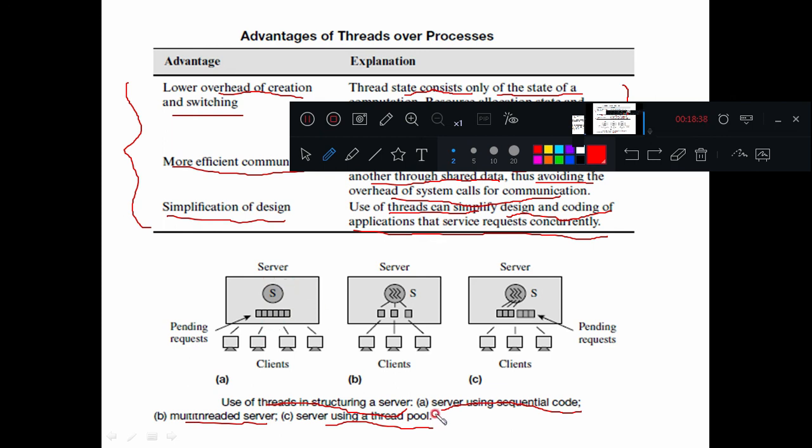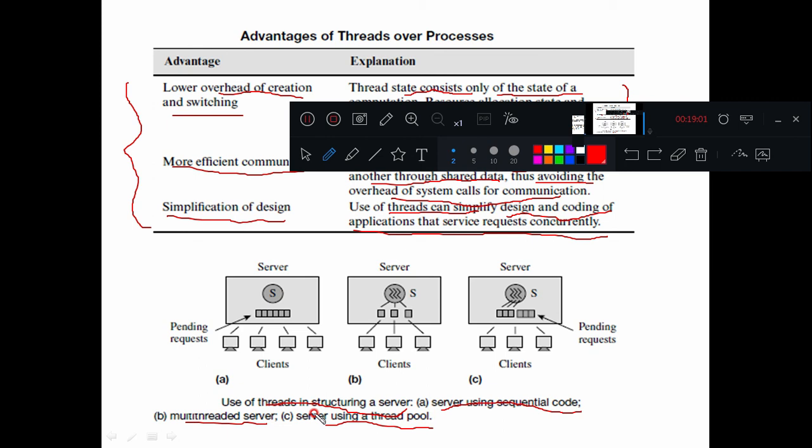That is the first one, server using a sequential code. Second one, multi-threaded server, right? What the server does in a multi-threaded server is create one thread for each request, right? So each thread will in turn handle those requests on its own, right?